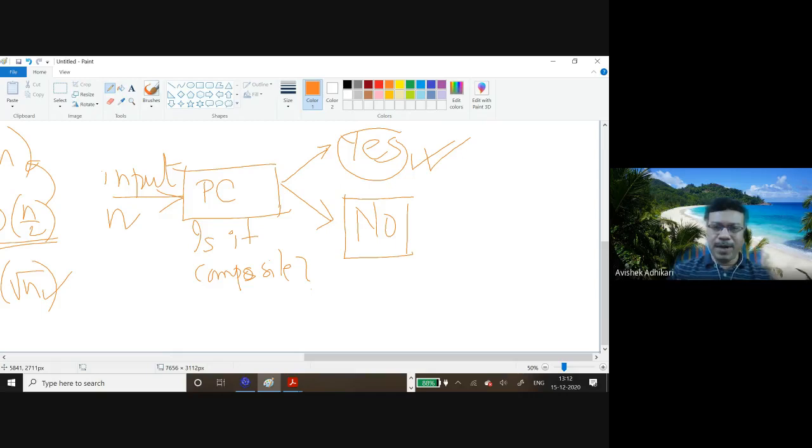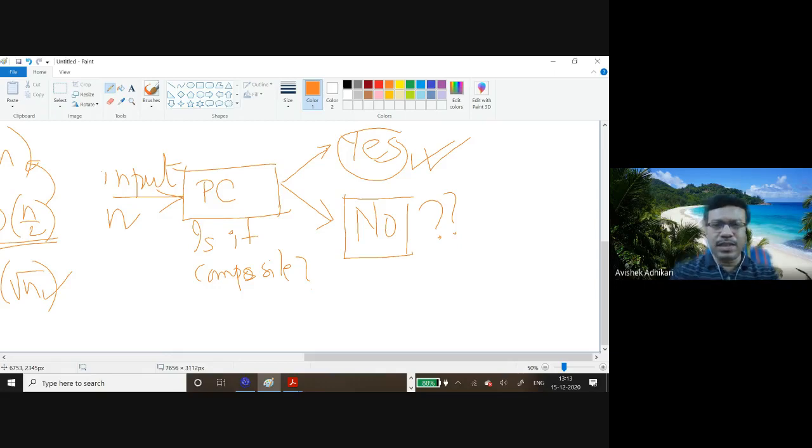But if it gives you the answer no, that means it is not a composite number, so it is a prime number. Then there might be some doubt, so you may not accept it, because when it says no, it may give you a wrong answer.